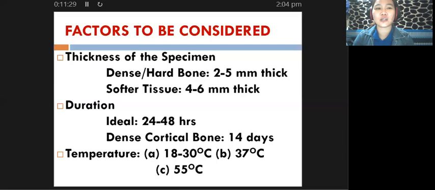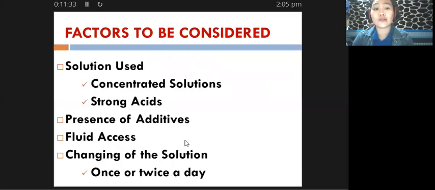So, other factors that you have to consider would be the solution that is utilized. In decalcification, we have to look at two characteristics of your solution. Number one, how concentrated is your solution? Number two, is the acid a strong acid or is it a weak acid?